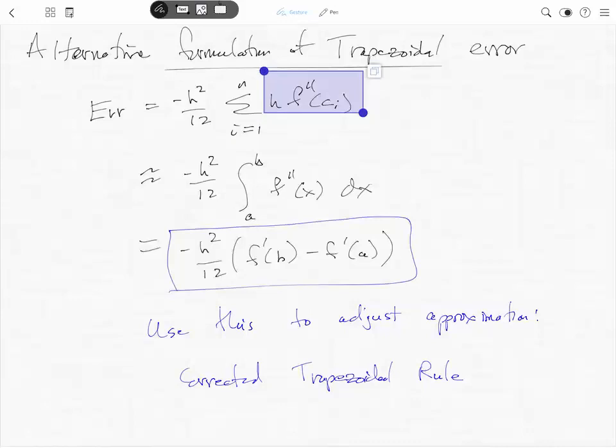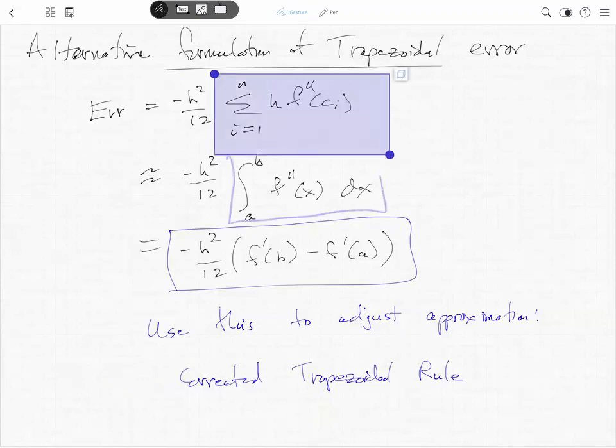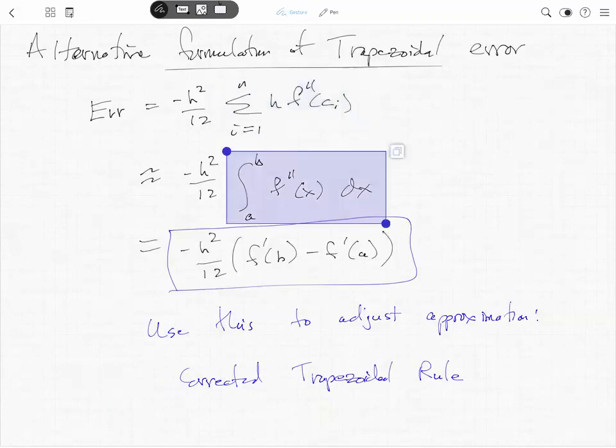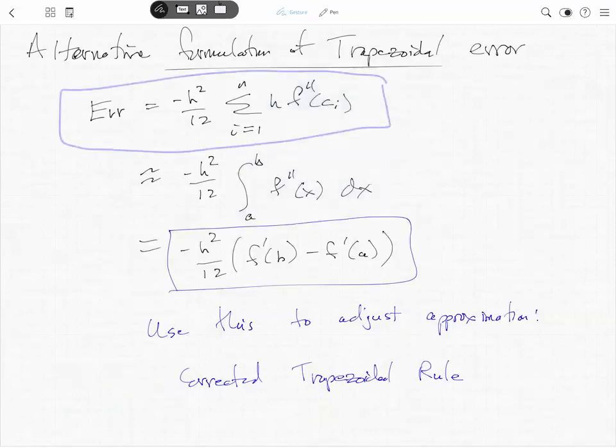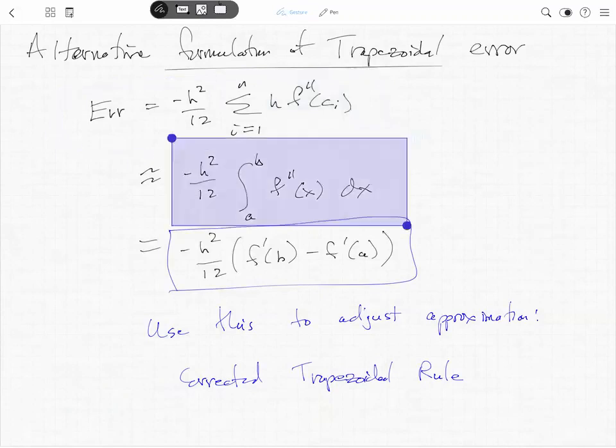You multiply the width times the height for each one of the intervals. So this sum here is actually going to be an approximation to the integral when we integrate f double prime from a to b. Therefore, we can say that the error in the trapezoidal approximation is approximately equal to minus h squared over 12 times that integral.